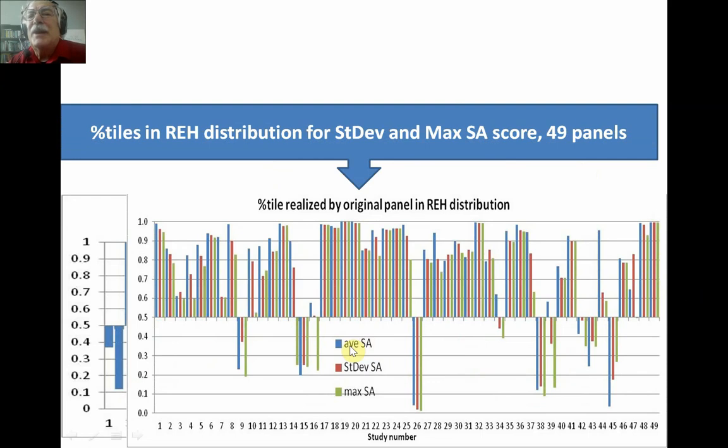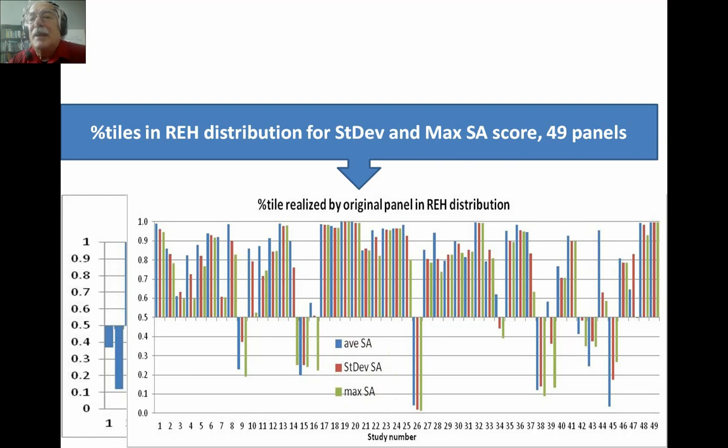So we're showing here now 3 performance metrics, namely the average statistical accuracy over the original panel, the standard deviation of the statistical accuracy in the original panel, and the maximum statistical accuracy in the original panel.